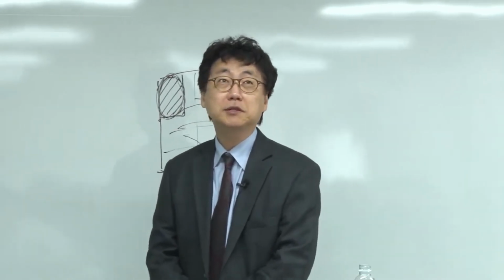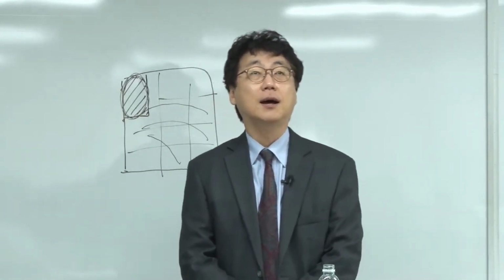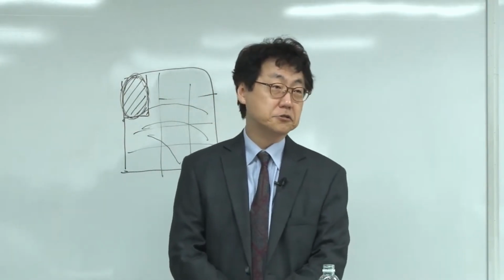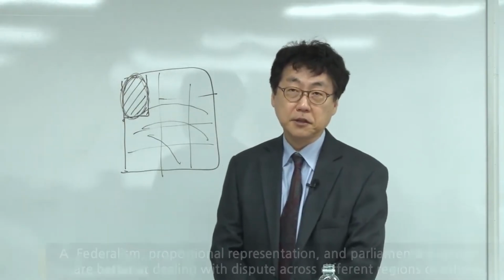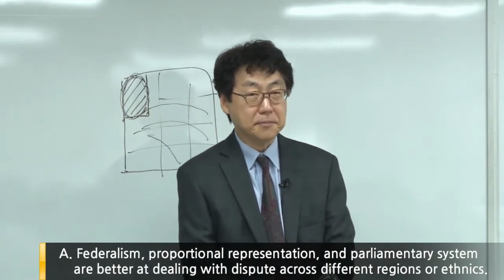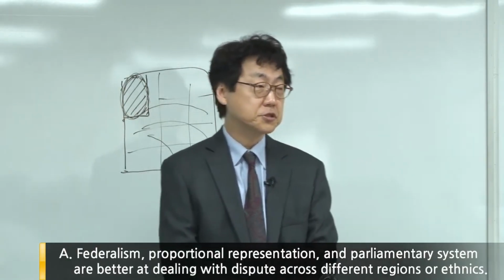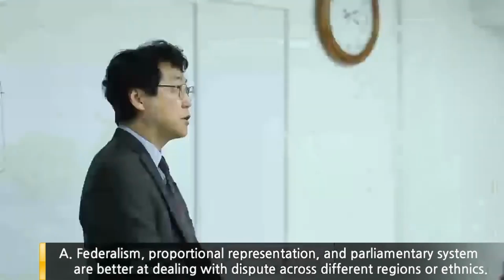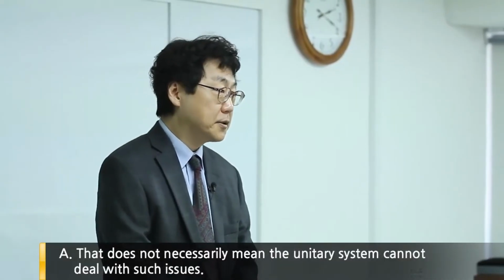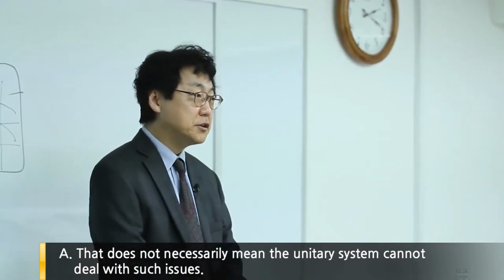Well, as we will see later on when we go over the strengths and benefits of different types of institutions, yes, federalism, proportional representation, and parliamentary system are better at dealing with, say, disputes across different regions or ethnic groups, etc. That does not necessarily mean that unitary system cannot deal with any of those issues.